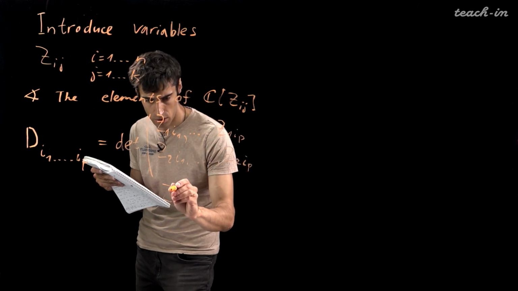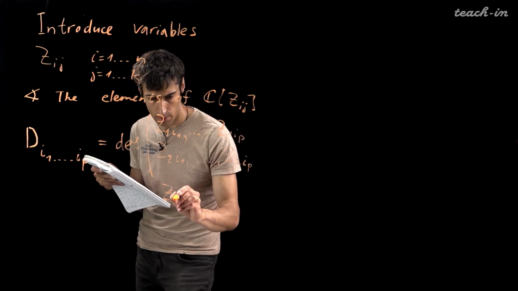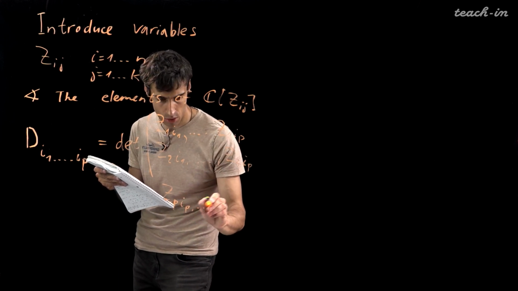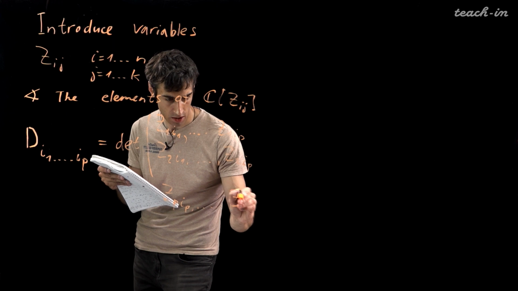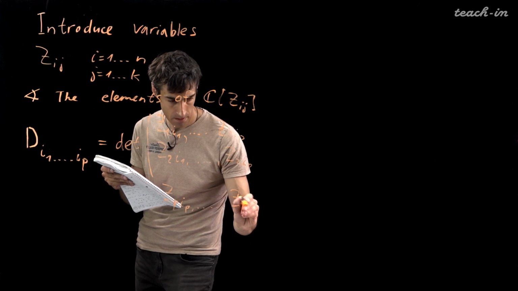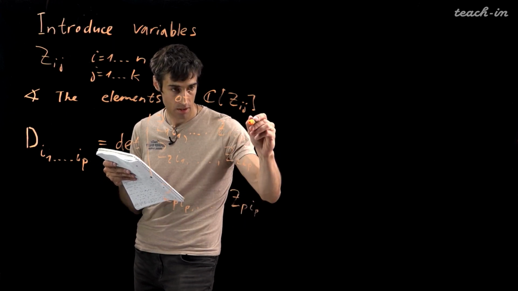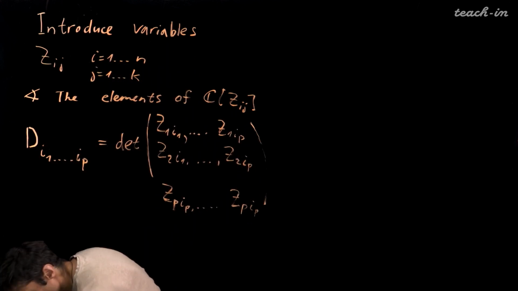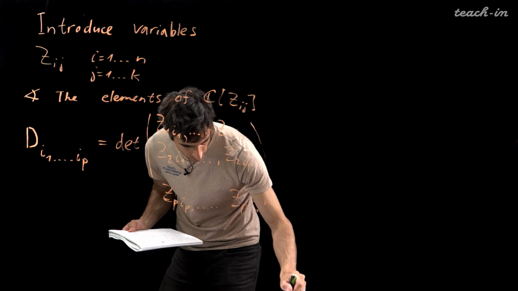And then in the last row you will have Z_p, so it's a p by p matrix, and it's the determinant of such a thing.